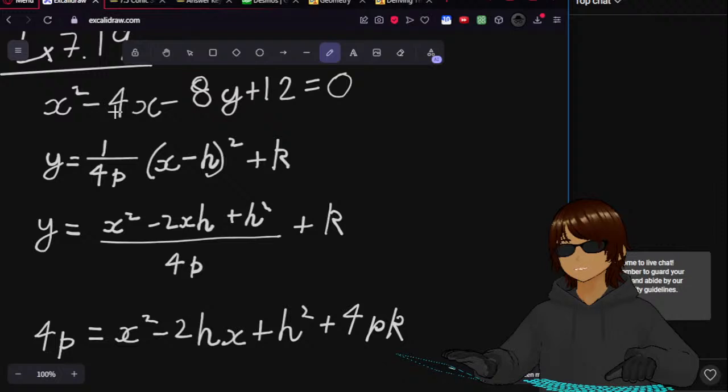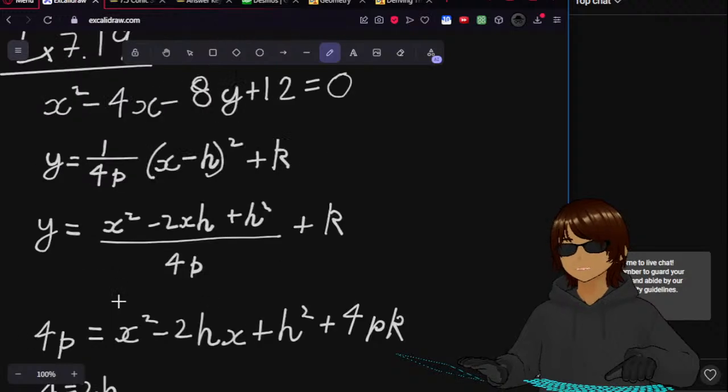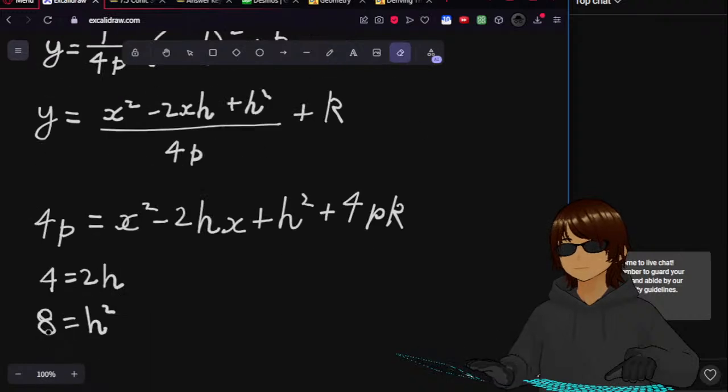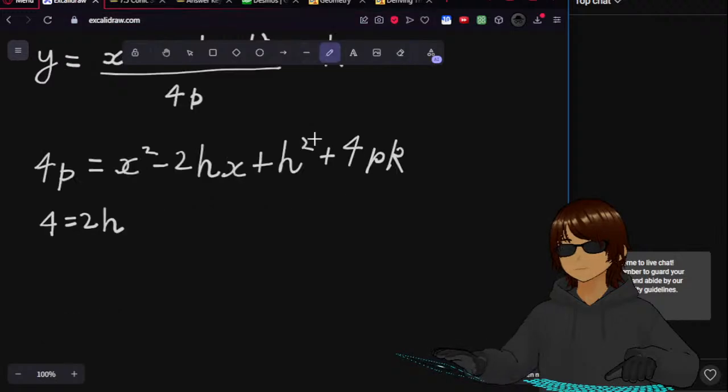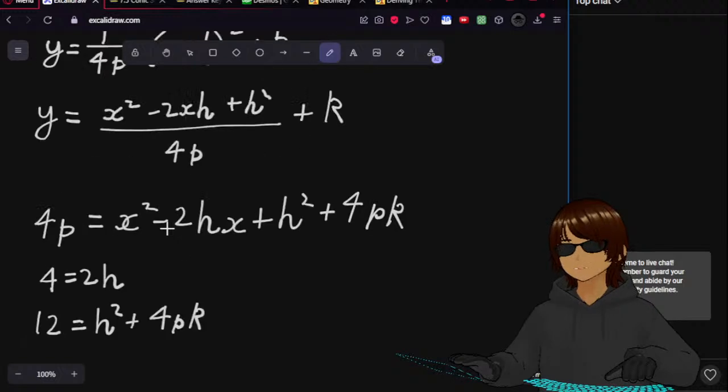So 4 is equal to 2h. 12 is equal to, hold on, 4pk.